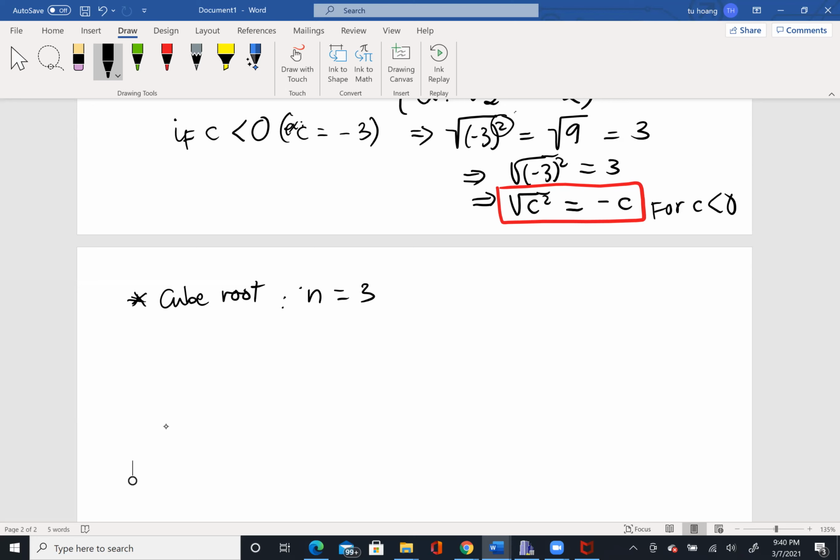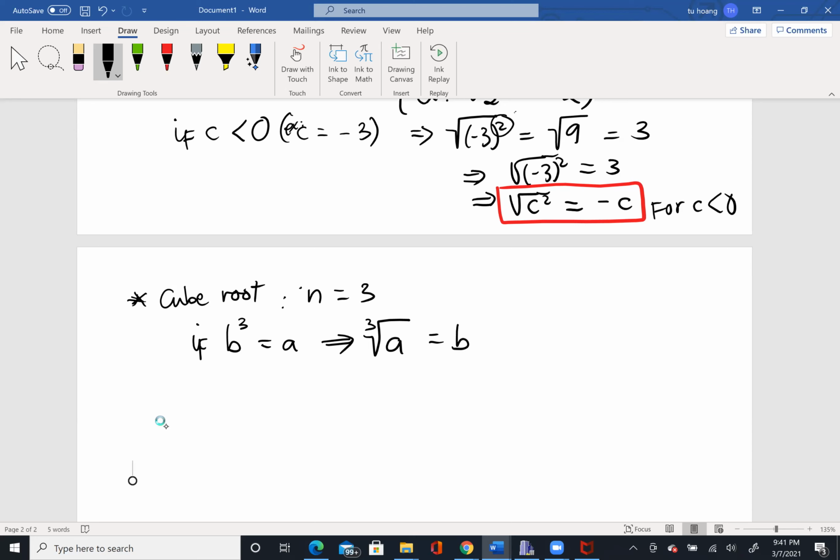So if b to the power n, power 3, equals a, then if you want to rewrite it in the form of a radical, you have the cube root of a equals b.